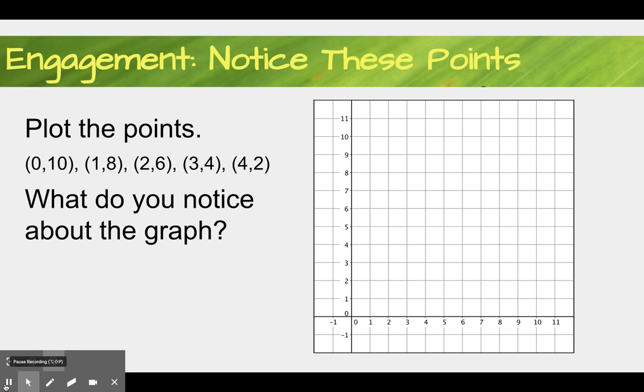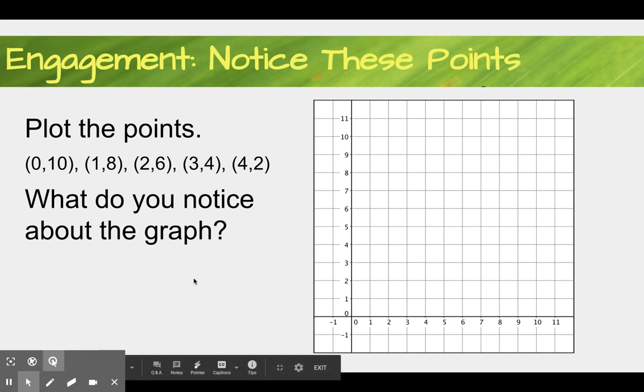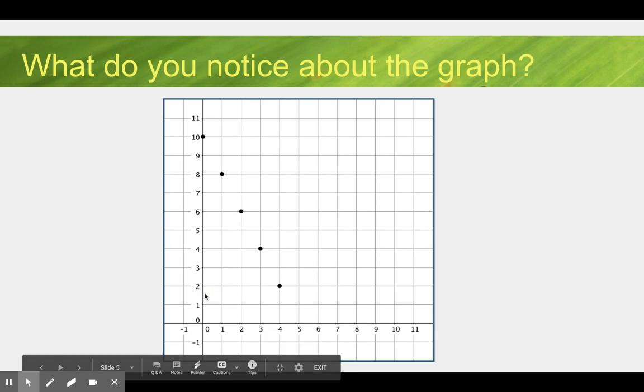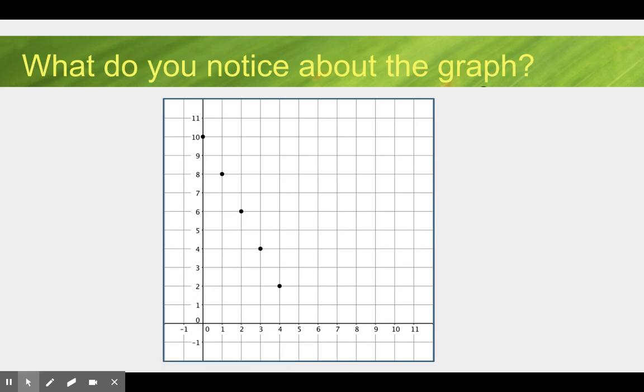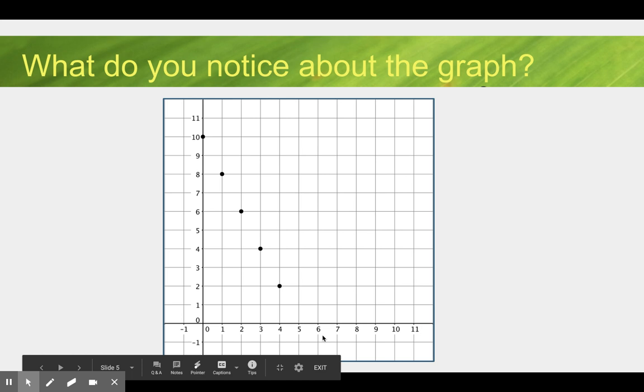Okay. So now let's check our work. Hopefully on your student companion, this is the graph that you should have gotten. We also want to note, what do we notice about the graph? Hopefully you realize that the points line up so they can be connected by a single line. So starting at (0, 10), I could draw a line through all of these points. The line goes down.